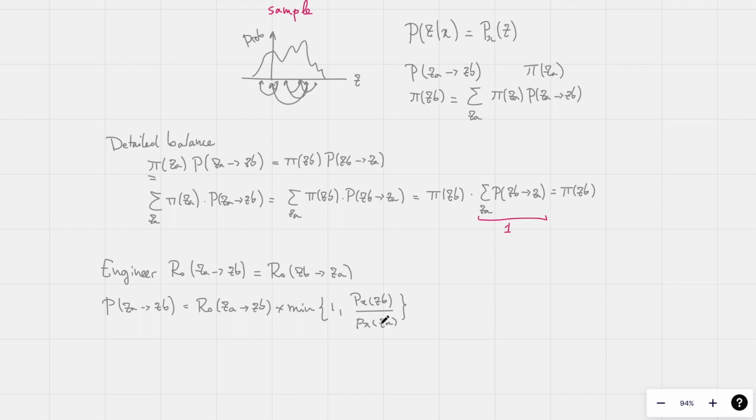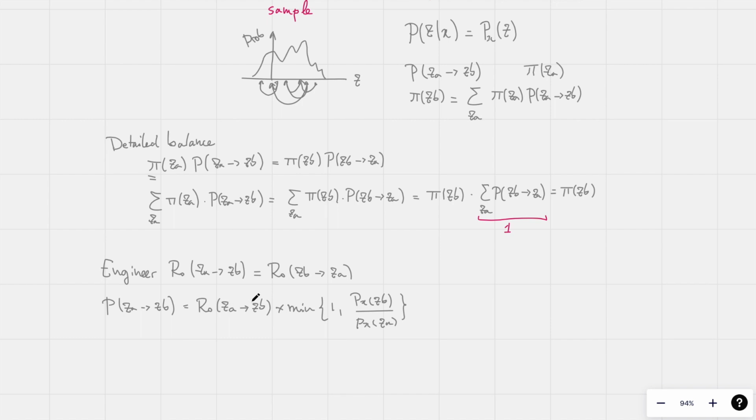But if at the arrival point here zb px is smaller, you still have a chance of accepting this jump here, and this probability is the ratio of these two values here. So first of all, we're going to check whether it is possible to implement the jumps that are proposed here. So R0 can be as simple as we like. We're of course going to take simple distributions and make them really simple so that we can simulate the jump from ZA to ZB.